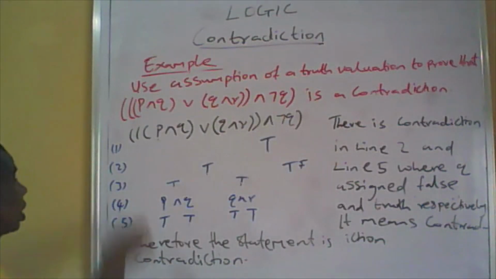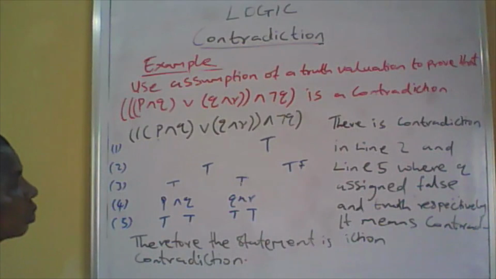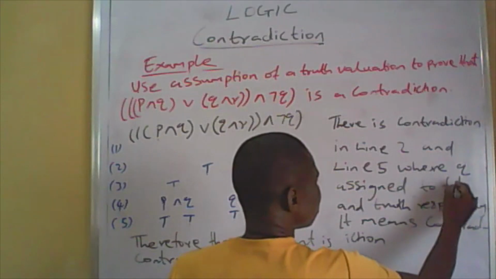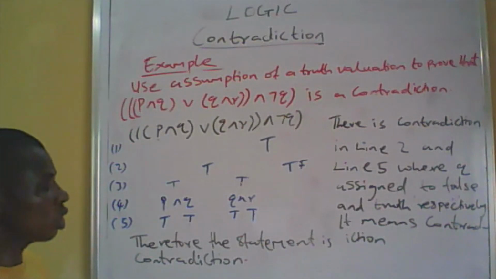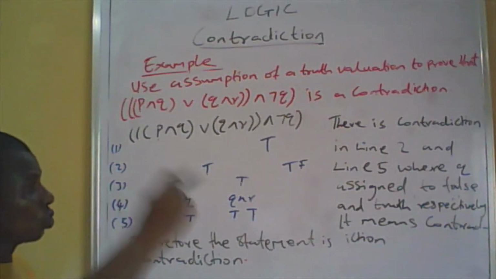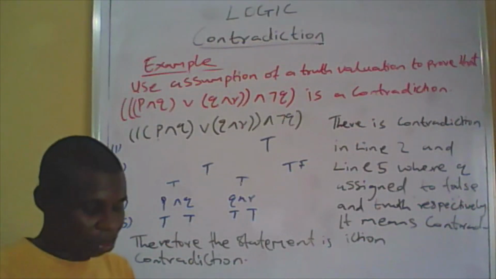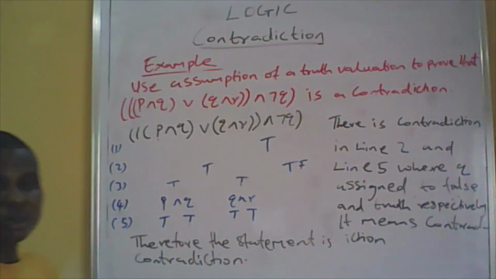That means in line 2 and line 5, we can see that Q is assigned to false and truth respectively. That means in line 2, Q is assigned to false, and in line 4 assigned to truth respectively. It means contradiction. So therefore the statement is a contradiction.